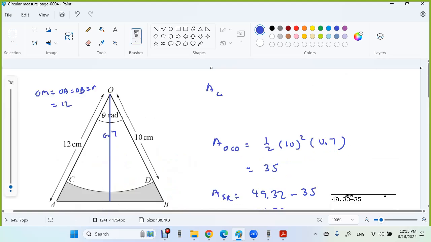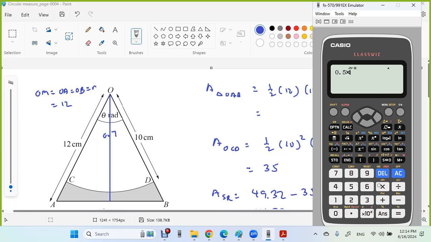The area of triangle OAB is half times 12 times 12 times sine 0.7.